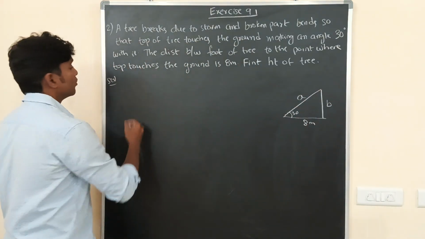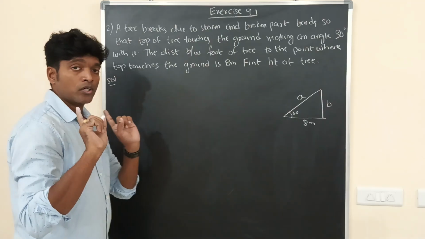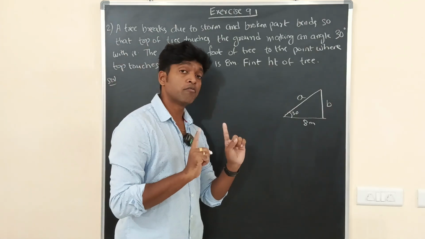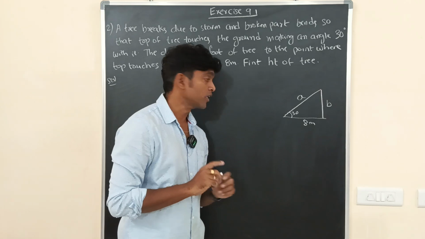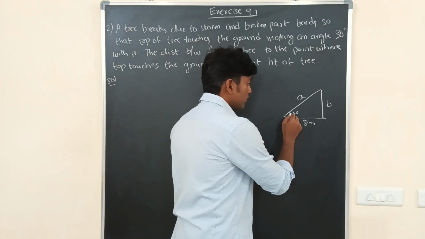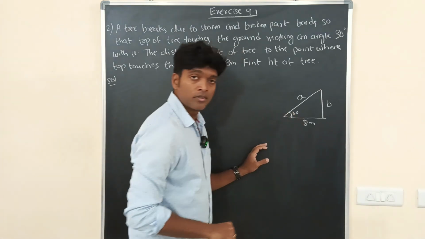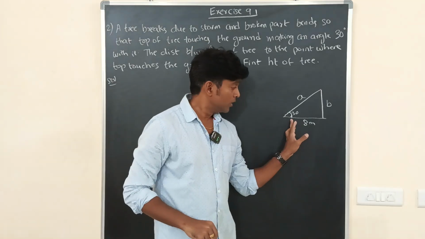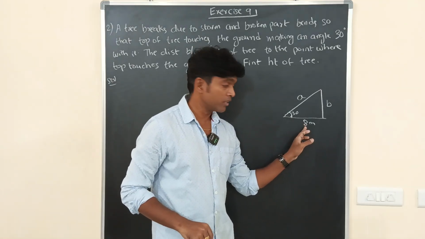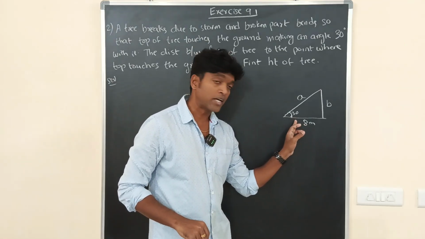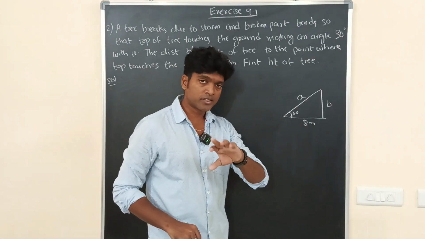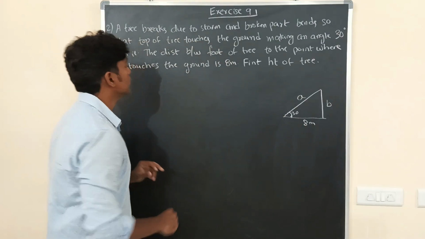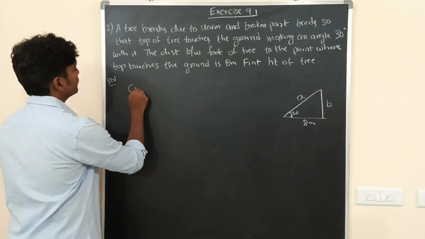Now we have to find which trigonometry ratio should be used here. This is the angle we have, and for this angle the value 8 meters is given here. So this side will be the adjacent side. Adjacent side formula is always for cos. So cos 30.